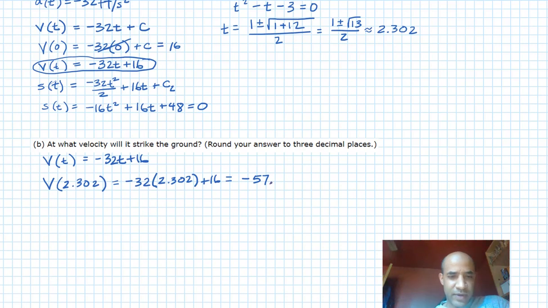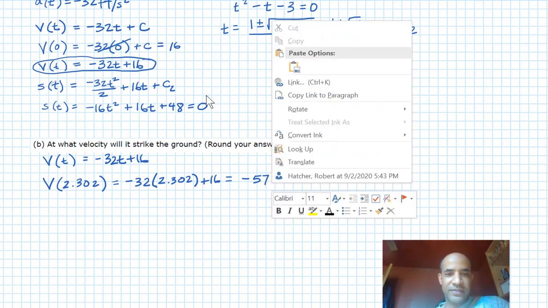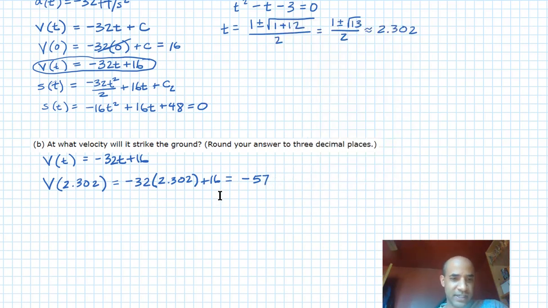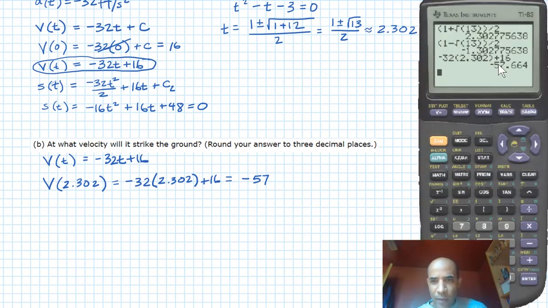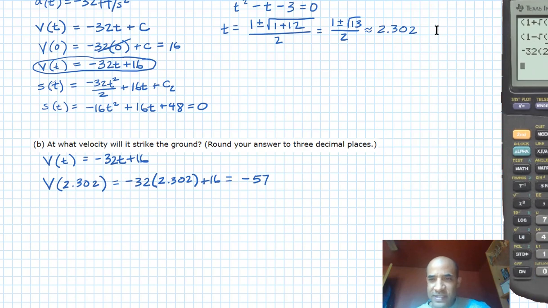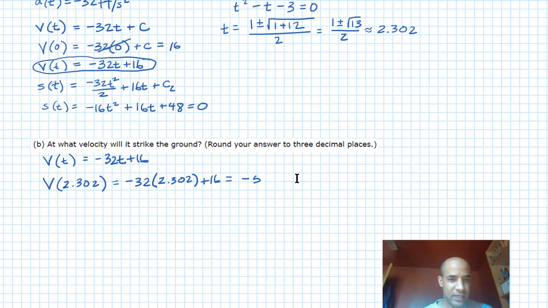Oh, it's rounding to 3 decimal places. Oh my goodness, I didn't use enough decimal places. Oh boy, this is a good teaching moment. Let's go back a little bit. So, I want to use more of the decimal places up here because they're rounding to 3 decimal places. So if I want everything to be accurate to 3 decimal places, instead of using just 2.302, I'm going to use a whole lot more of that decimal, namely 1 more place.